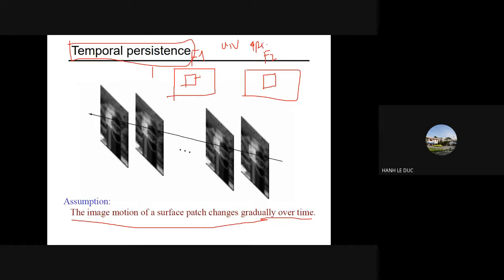Because the movement of the object between two frames is just 1 pixel, your camera has to be very fast, with very high speed, to capture the motion of the object. This is the meaning of temporal persistence.